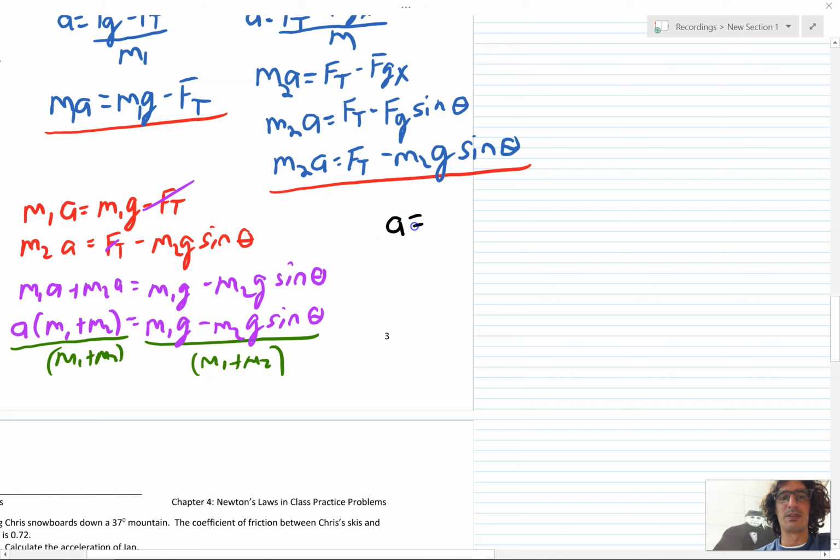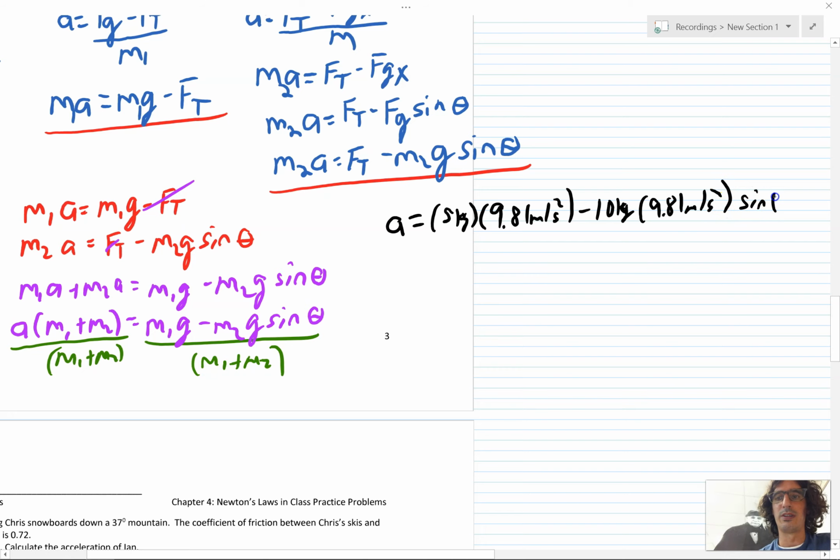The acceleration equals, let's just plug and chug. M1, 5 kilograms, times 9.81 meters per second squared, minus M2, 10 kilograms, times 9.81 meters per second squared, times the sine of 40 degrees, all over 5 plus 10 gives us 15 kilograms. We get an acceleration of 4.4 meters per second squared.